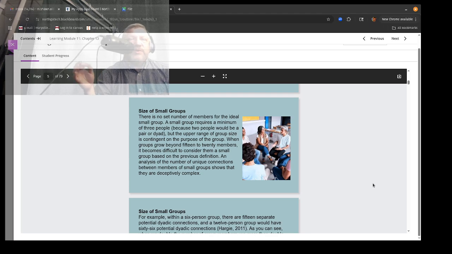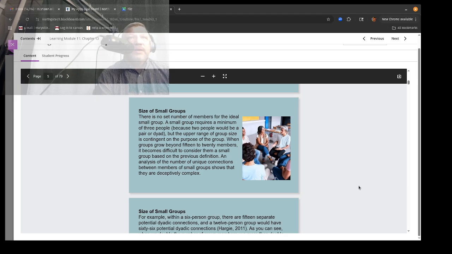When a group grows beyond 15 to 20 members, it becomes difficult to call it a small group, right? So my breakdown, in most communication books, is around 15 to 20 members. I go with 15. Once you get more than 15 people involved in something, it becomes more than a small group. It's a large group.